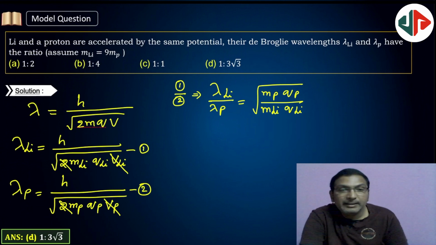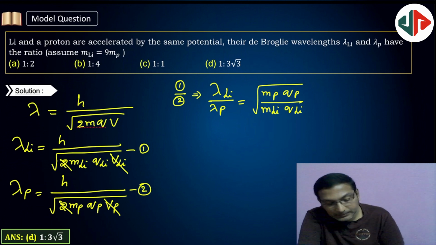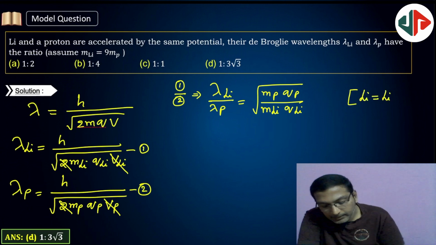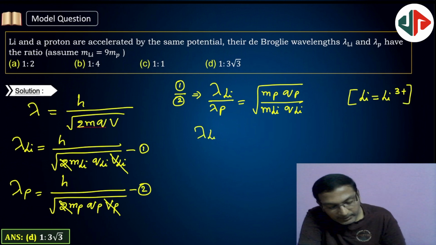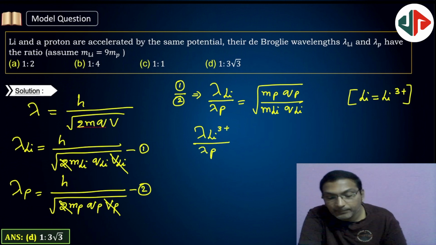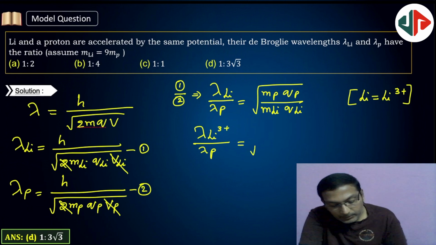Here you can take lithium as lithium plus. Take lithium as lithium 3 plus. Next, the charge will be, therefore wavelength of Li3 plus by wavelength of proton will be equal to, substitute the values.